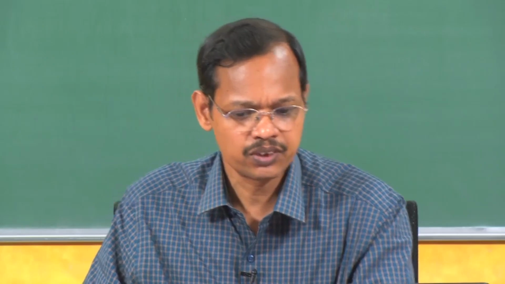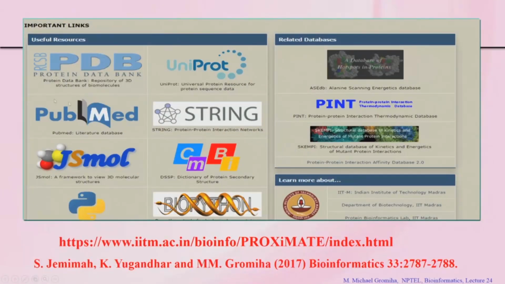We link to different other databases, for example the Protein Data Bank, which is for protein structures. What is UniProt? It is a protein sequence database. PubMed is the literature database, and STRING gives protein interaction networks. You can see if a particular protein is interacting with other proteins in the network.